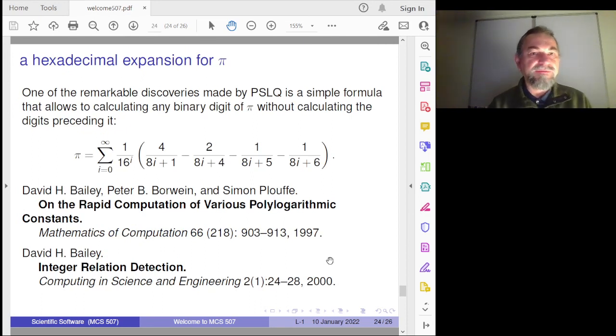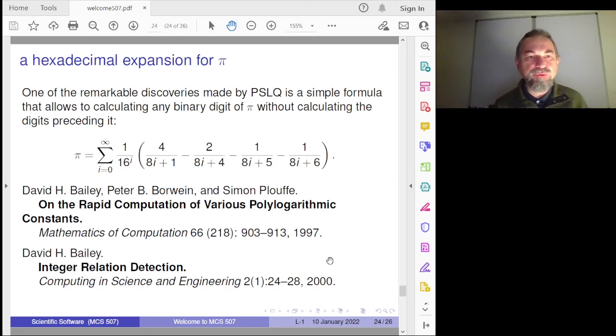Here is a very interesting application. There are formulas that give you the expansion for pi. Pi is not a rational number, not an algebraic number, so its expansion goes on forever.